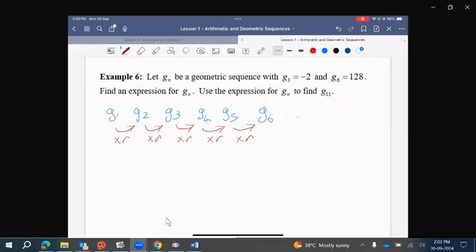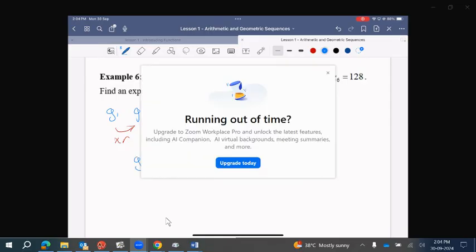But if I want to go from G3 to G6, I'm timesing by r, r, r. So if I times by r, times by r, times by r, that's timesing by r cubed. So I need an r cubed here. So I can set up the equation that G6 is equal to G3 multiplied by r cubed.